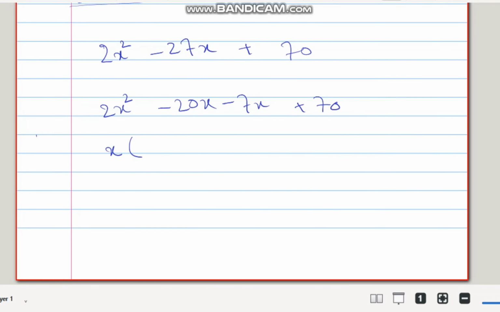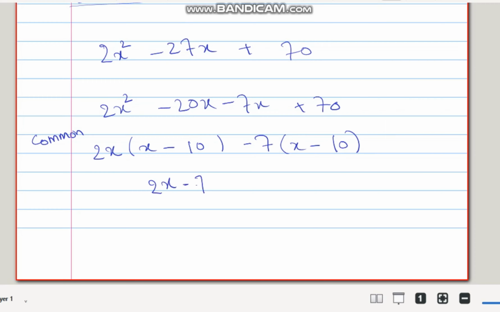I am taking the common now. 2x is common here, because 2x is common here. x will be left here, and minus 10 will be left here, and minus 7x minus 10. Okay, so did you understand this step, Shiba?